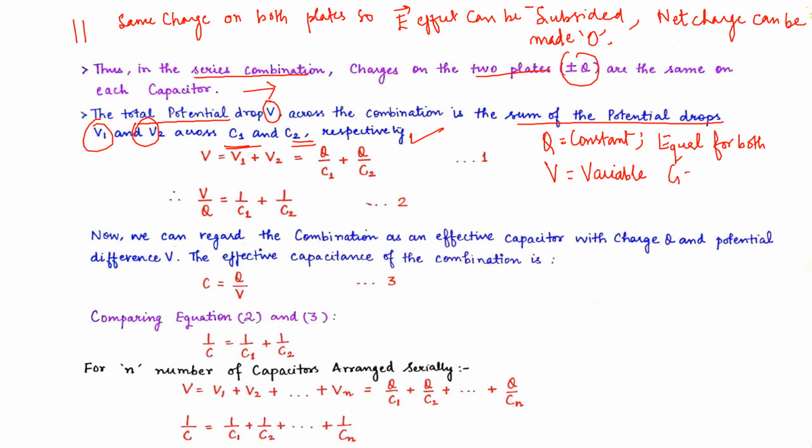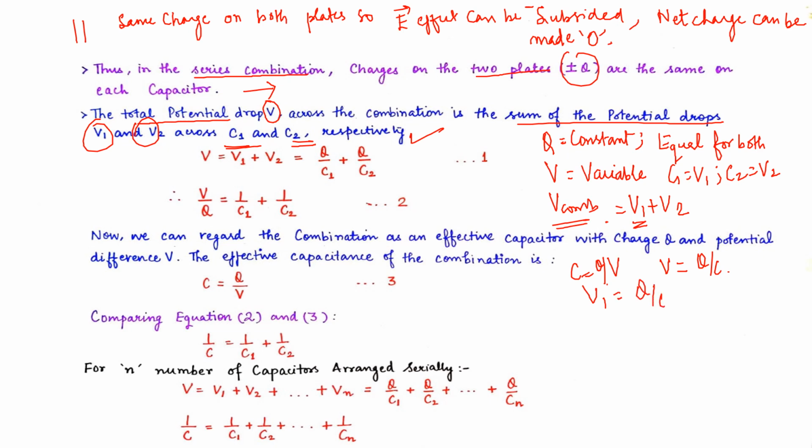For C1 it is V1 and for C2 it is V2. So what is the V combined? We need to find V combined, that is equal to V1 plus V2. So from this particular formula, C equals Q upon V, we will find V comes to be Q upon C. So V1 equals Q by C1 and V2 equals Q upon C2.